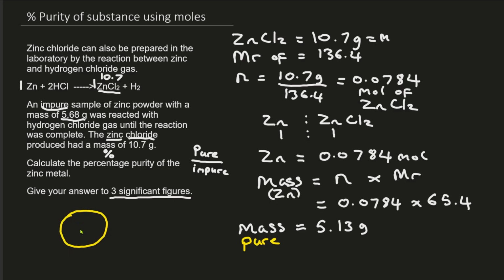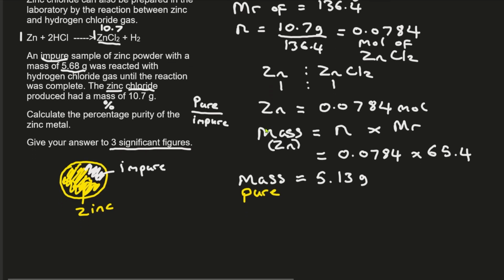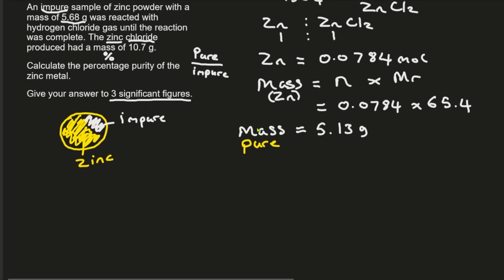So if this is my pie chart, all right, we're saying basically that there's a percentage that is basically pure zinc, and the rest of it is impure. We don't know what it is. That's not important to us. But we know from the question that the impure version, as I said earlier on, was 5.68. So let's keep that. Let's scroll down a little bit and let's write that down.